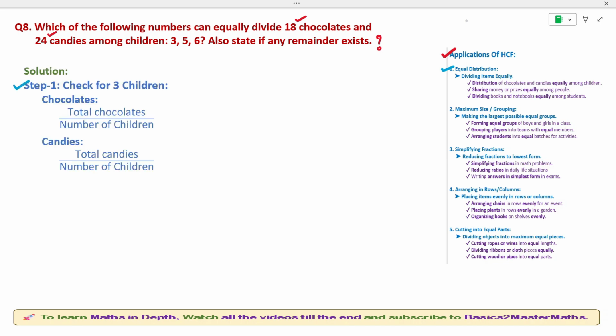Step 1. Check for 3 children. For chocolates, total chocolates divided by number of children. That is 18 divided by 3 gives you 6 as the quotient and 0 as the remainder. For candies, total candies divided by number of children.